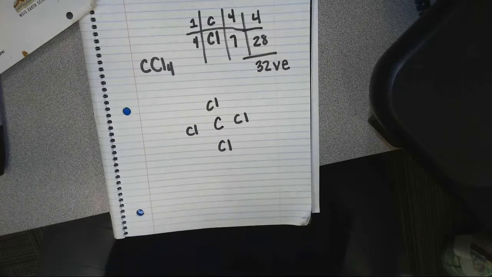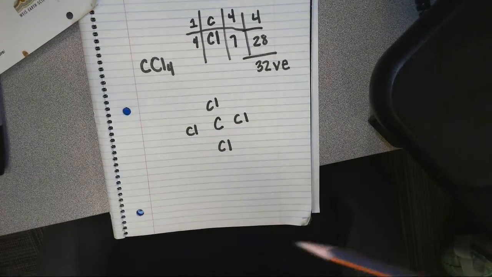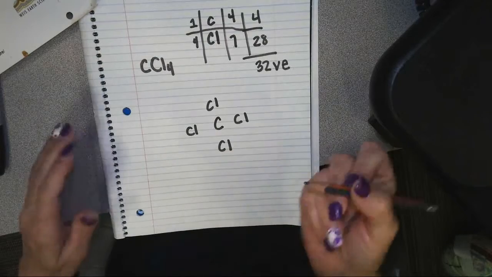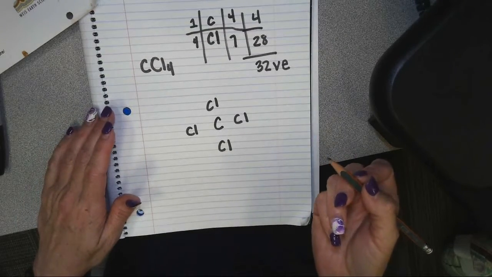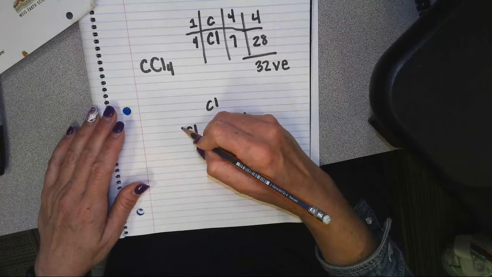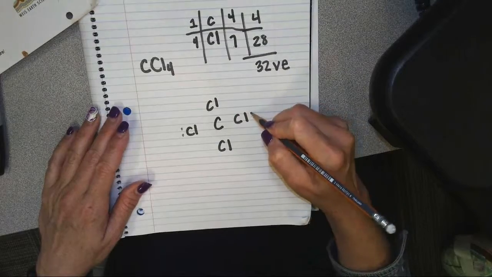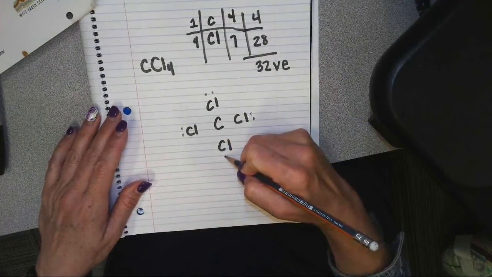Okay, and I'm trying to do it with pencil because I might need to do some erasing. But I just start by just putting them in. 1, 2, 3, 4, 5, 6, 7, 8.